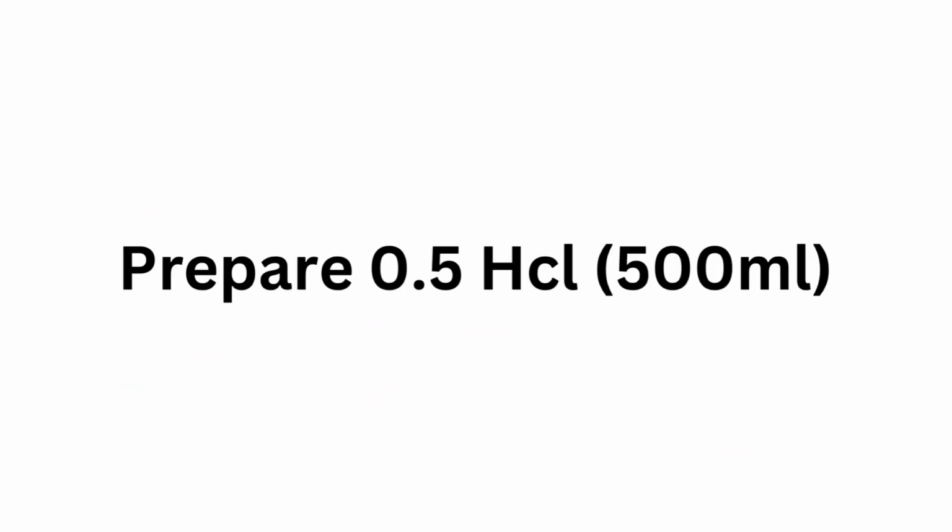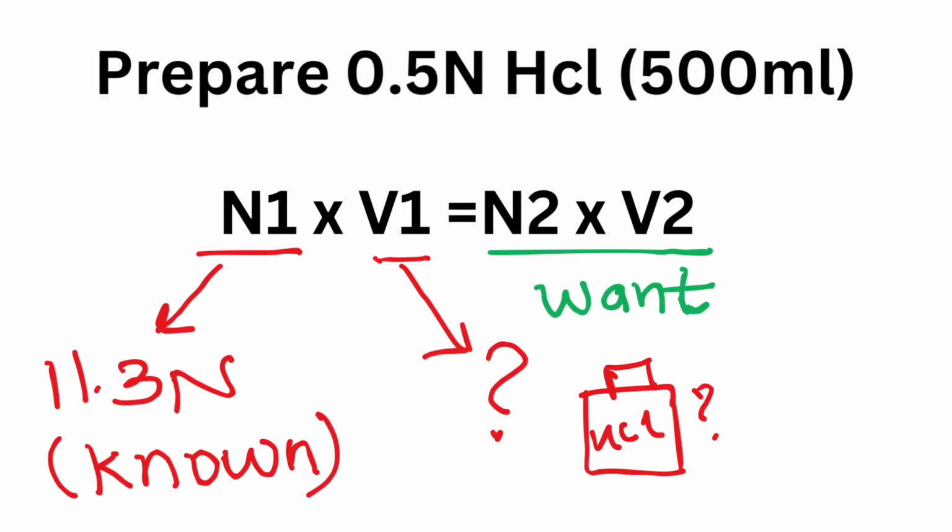Now let's solve one of the problems, where you have to prepare 0.5 normal HCl and the volume would be 500 ml. So the question would be, maybe in the laboratory if you're working, they ask you to prepare 500 ml of 0.5 normal HCl. So what we will do, we will use a very nice formula, which is N₁V₁ is equal to N₂V₂.